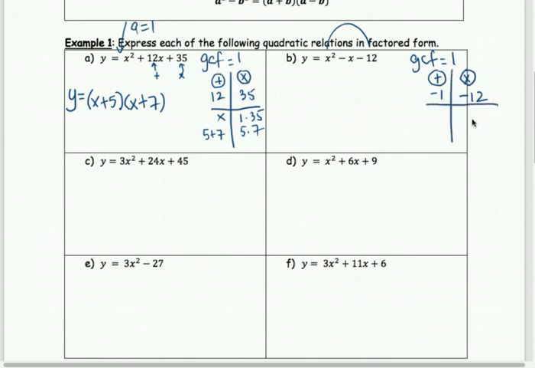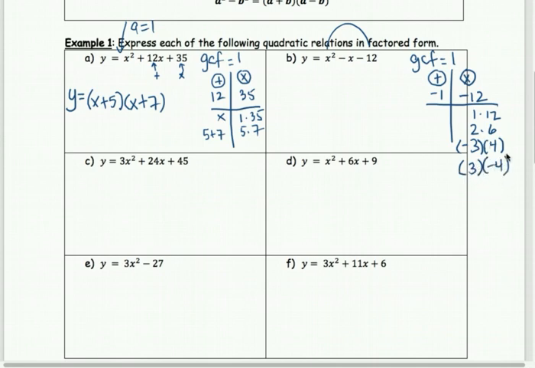All right, so 1 and 12, you can't add or subtract those and make 1, so that's no. 2 and 6, I can't add or subtract those to make 1. 3 and 4, well, those work. So since I have a -12, that means one of these numbers has to be negative. So let's say I'll make this one negative, and we'll make that one positive, and then vice versa.